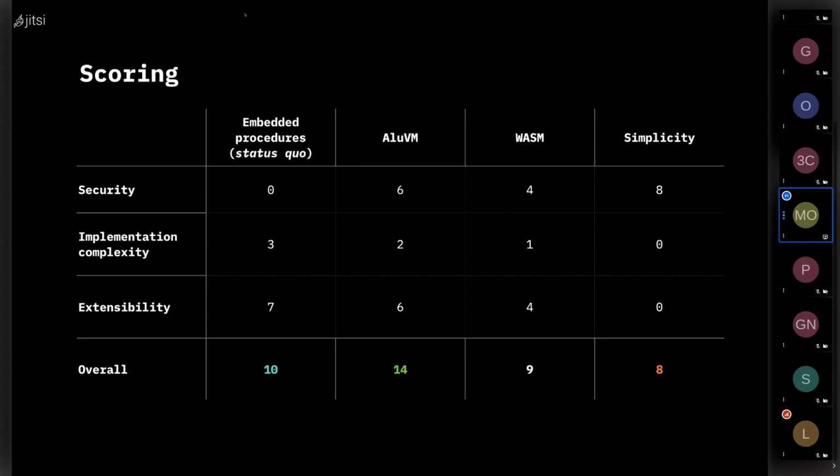And WASM is worse than having embedded procedures. So the only way forward in the next year or two will be implementing AluVM and adding that as a component to the RGB core library. That's all.